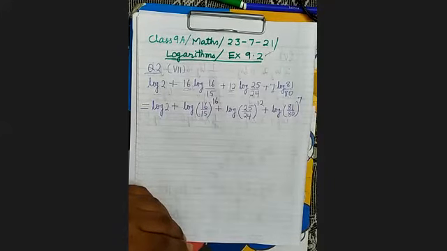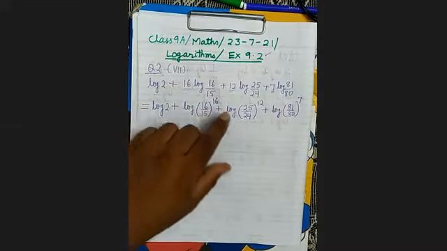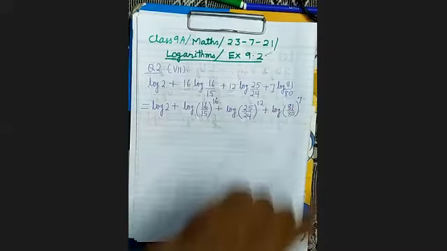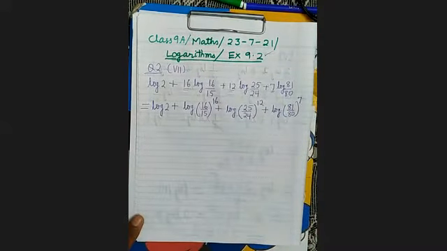Then what will you do? We will write these bases in the form of prime factors. Prime factors means factors in terms of the prime numbers, and prime numbers are those having no factor other than one and itself.